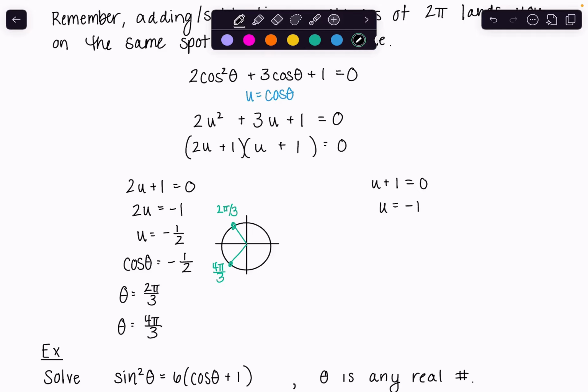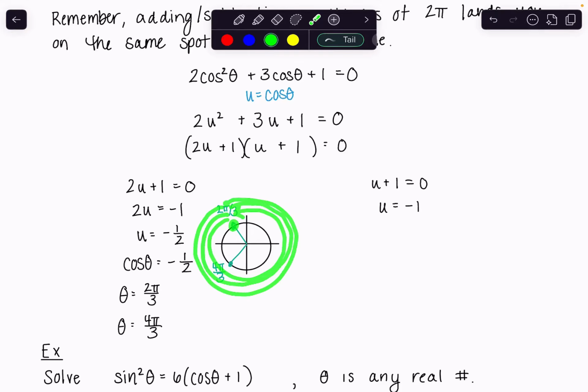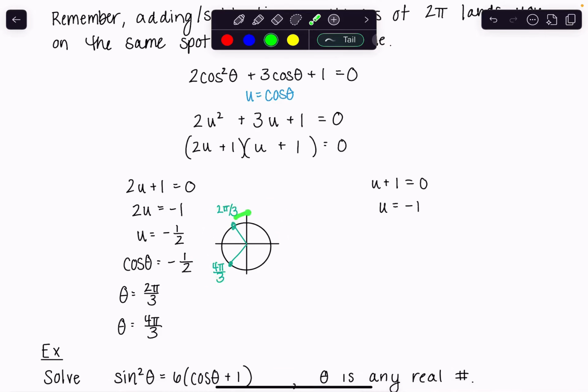Okay. But now I want to account for, as long as I land in this spot on the unit circle, my output for cosine will be -1/2. So I can add 1 revolution to 2 pi. I can do it again, and then I can keep doing that over and over and over. You can also go backwards 2 pi and go backwards again. So remember, the way we represent those 2 pi revolutions is you can add any multiple of 2 pi, okay?